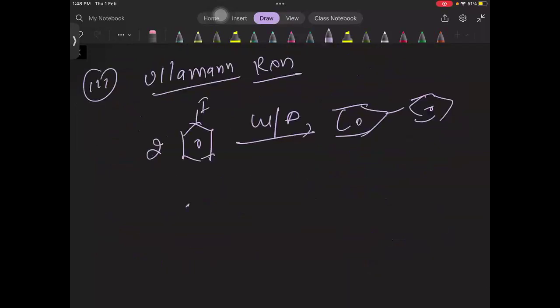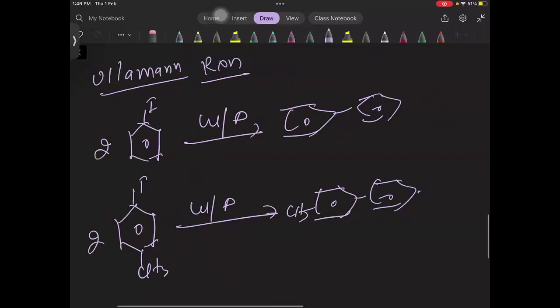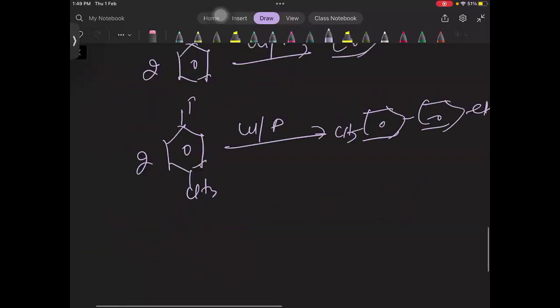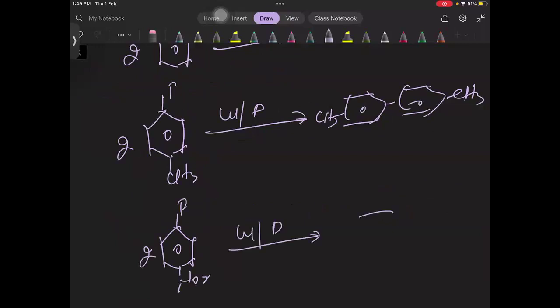One more example: iodine and CH3 on the ring, 2 moles, in the presence of copper and heat, forms two benzene rings with CH3 and CH3. Similarly, with iodine and a nitro group, 2 moles, copper and heat, the compound formed has NO2 and NO2.